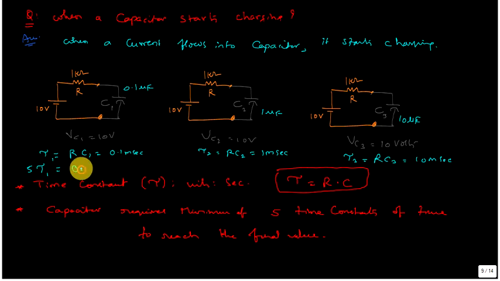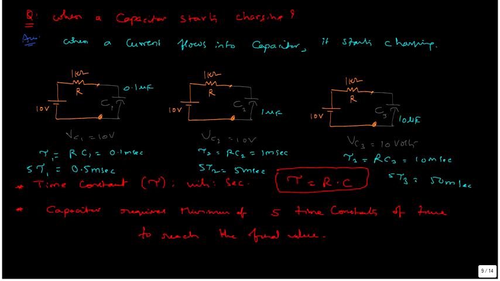So 5 tau 1 is 0.5 milliseconds, 5 tau 2 is equal to 5 milliseconds, and 5 tau 3 is equal to 50 milliseconds. So for capacitor C1 to reach 10 volts, it requires only 0.5 milliseconds.